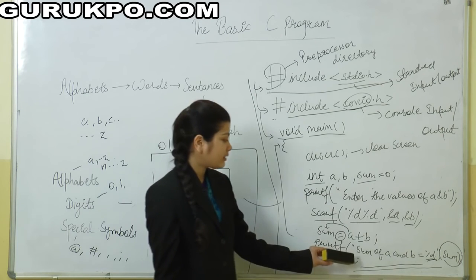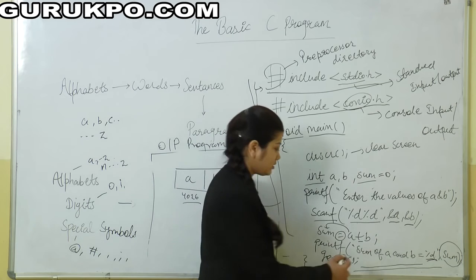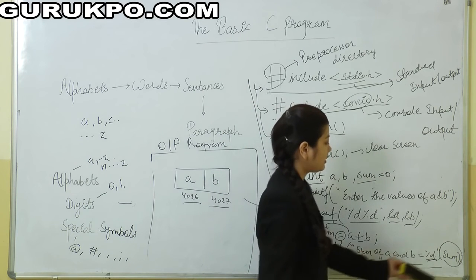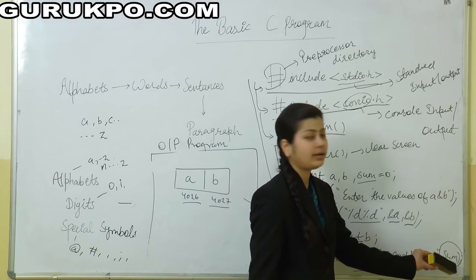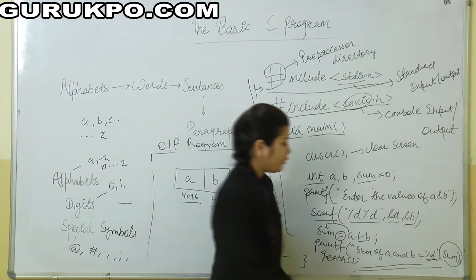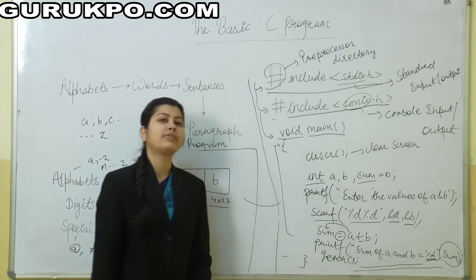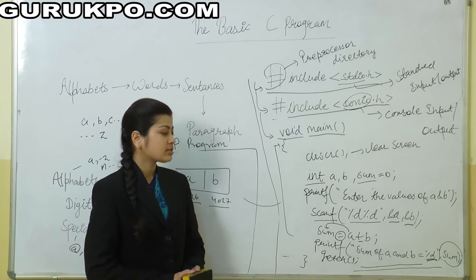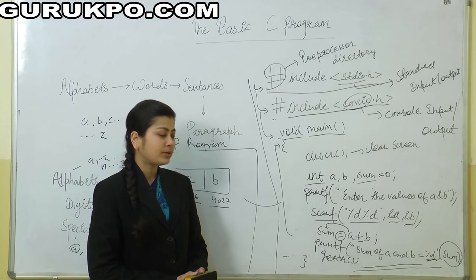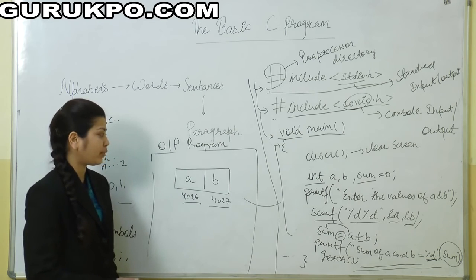We write in this statement "sum of a and b is equal to %d", separated by a comma, and after that we pass the variable in which the value is stored. We use %d to define that the variable which stores the sum of a and b is of integer type, and after that we close the program.